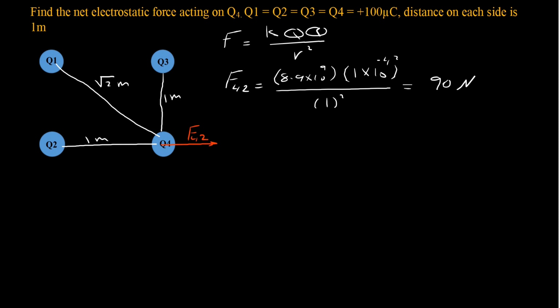Now, if I want to calculate the force on 4 because of 3, I don't need to go into all these calculations. I can tell easily it will be 90 Newton as well. How did I know that? Because the distance between Q3 and Q4 is exactly the same as the distance between Q2 and Q4, and the magnitude of the charges is exactly the same.